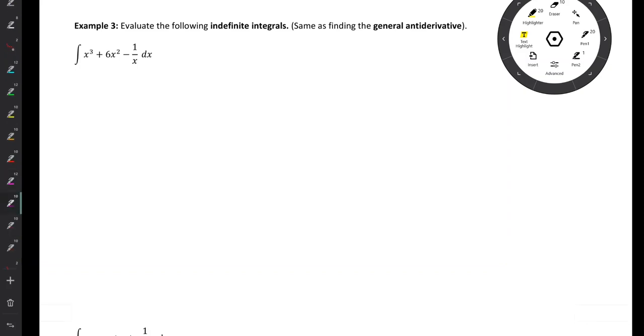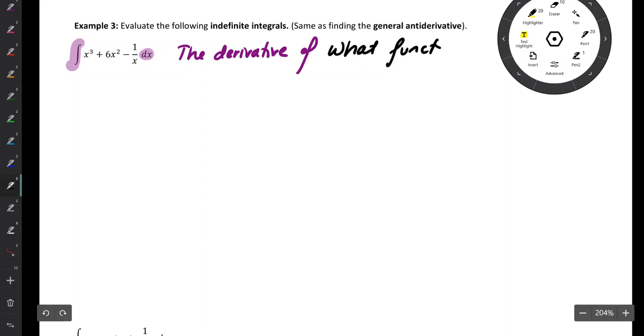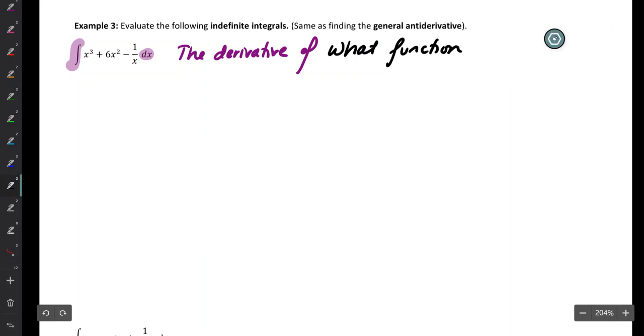Evaluate this indefinite integral. This integration symbol, that swoop ds symbol, together with that dx provokes in me a question. What's the question? The derivative of what function is the one that they're showing us right here?